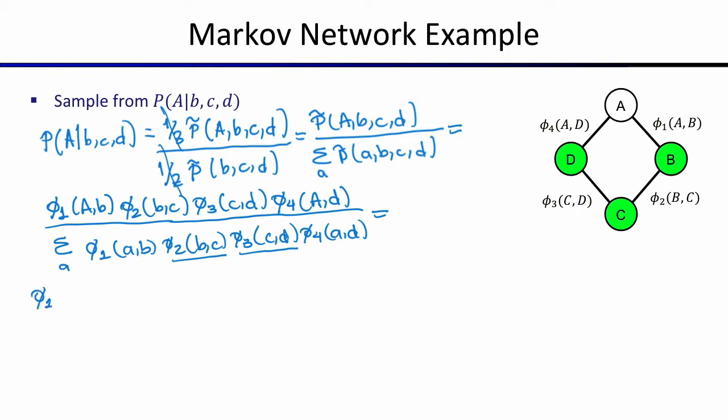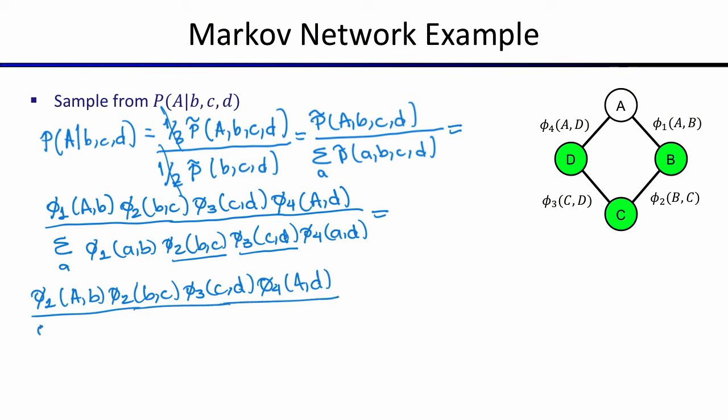So it's going to be again phi1 AB, phi2 BC, phi3 CD, phi4 AD, and the factors that I can remove, phi2 BC and phi3 CD, and the sum over A for the remaining factors, phi1 AB and phi4 AD.